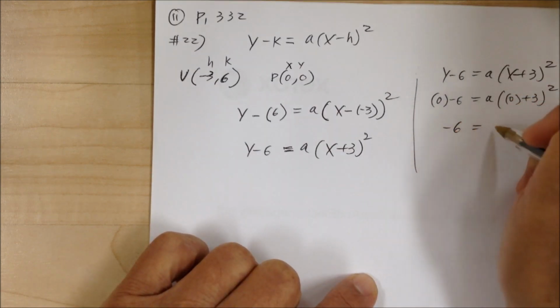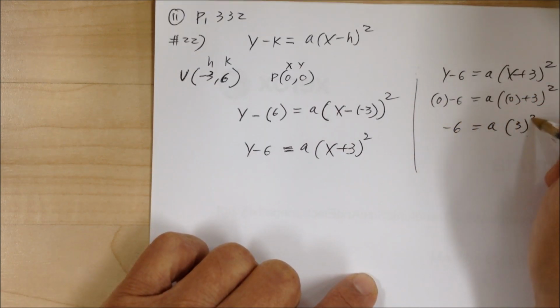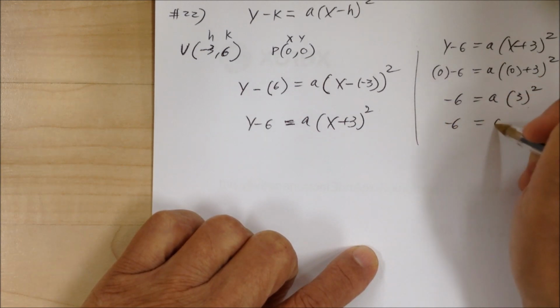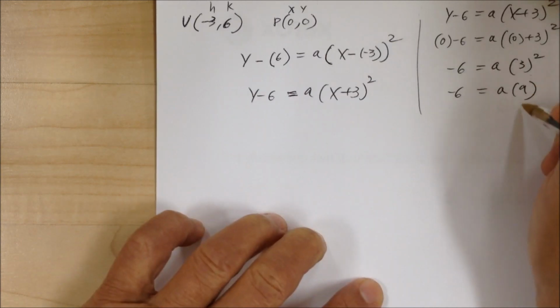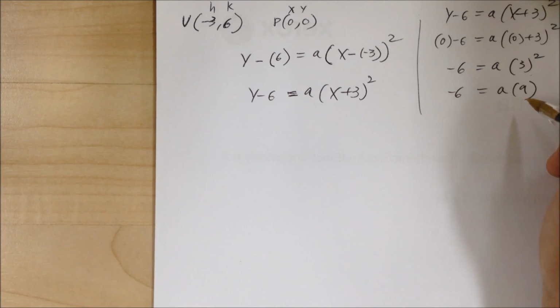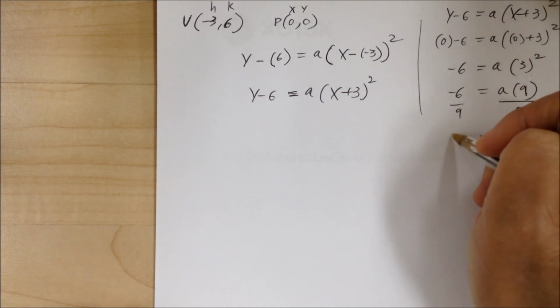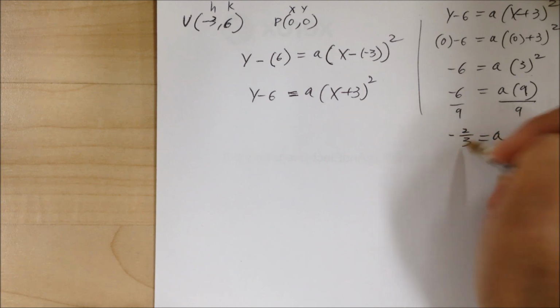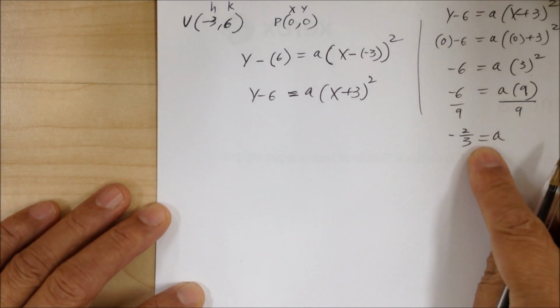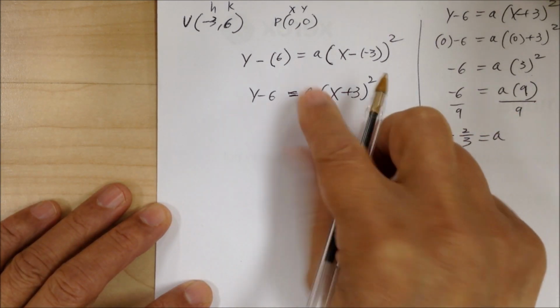So negative 6 equal to a times 3 squared, so negative 6 equal to a times 9. Divide by 9. So a equal to negative 2 over 3. Once you find a equal to negative 2 over 3, you put it back in here.